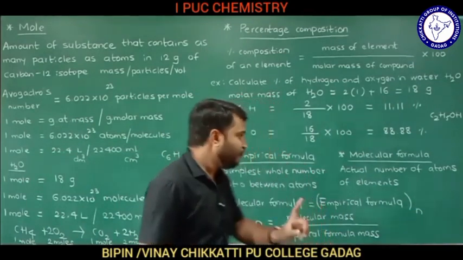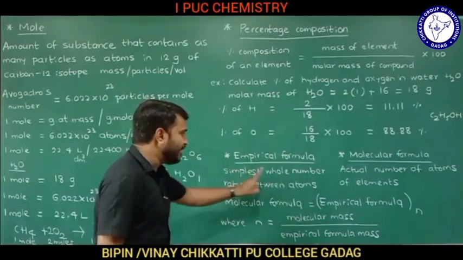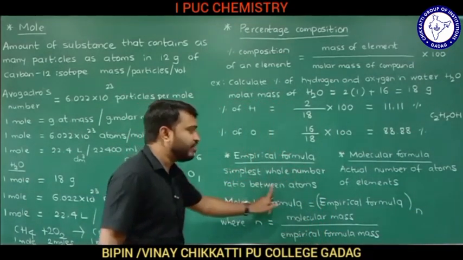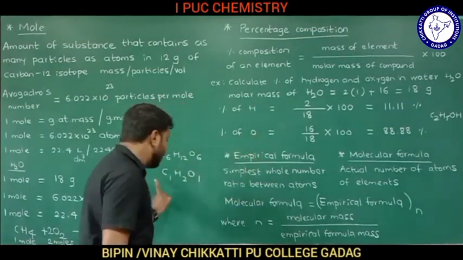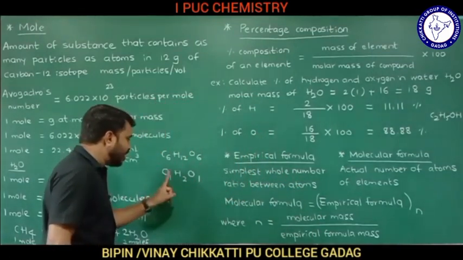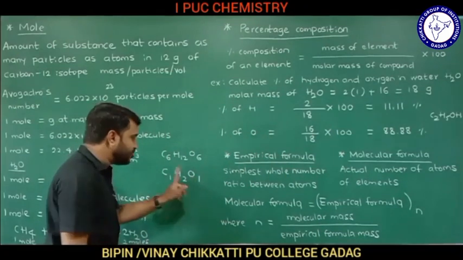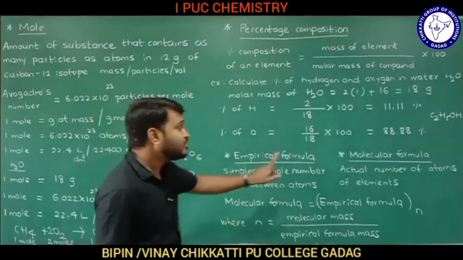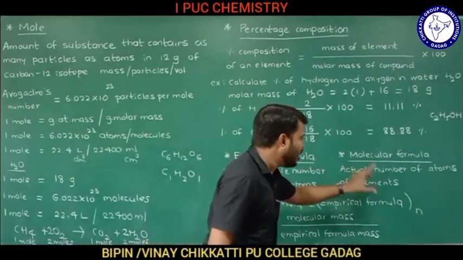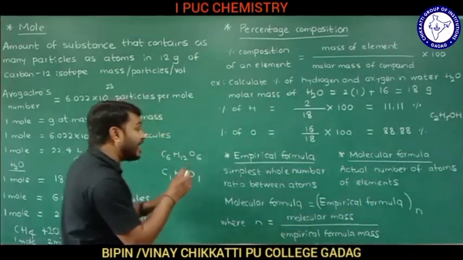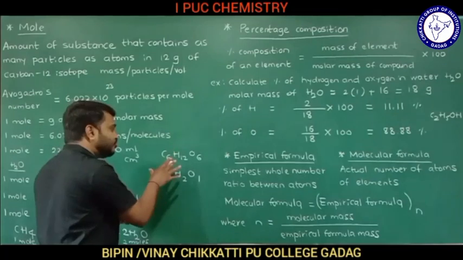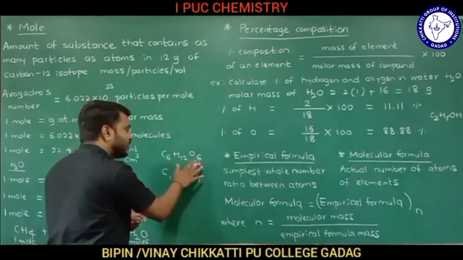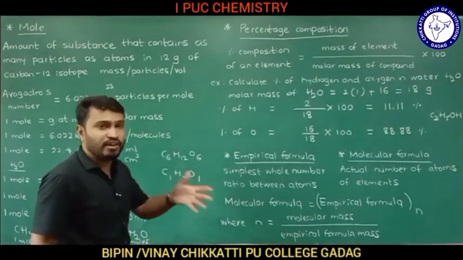Remember, empirical formula is nothing but the simplest whole number ratio between atoms. Here carbon, hydrogen, oxygen are in the ratio 1:2:1. That is the simplest whole number ratio. Whereas the molecular formula gives the actual number of atoms of an element, 6:12:6.